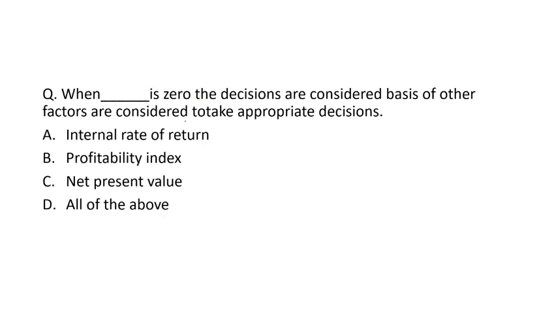If IRR gets 0, you will consider other factors. If profitability index gets 0, you will consider other factors. If NPV gets 0, you will consider other factors. So all of the above is the right answer.